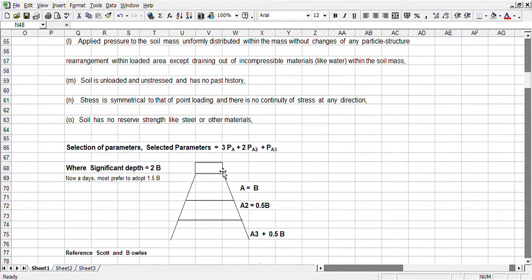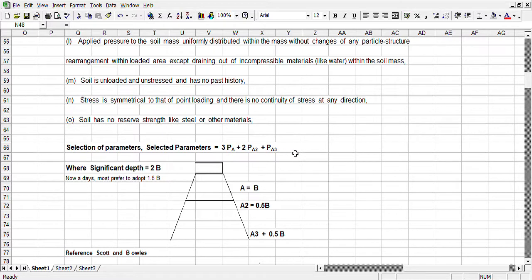We have to consider this is our width, and this portion is equal to half of the width and this portion also half of the width. Let us consider A2 and A3. Now we have to use this equation, which is available in very standard textbooks, Scott, Bowles, Hanson, Bolas.